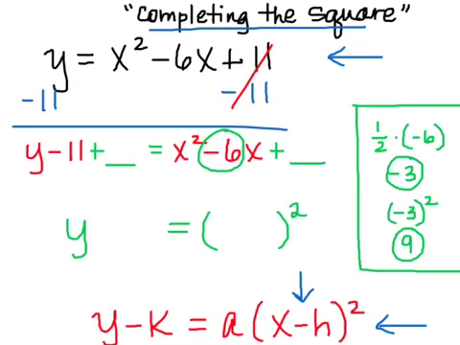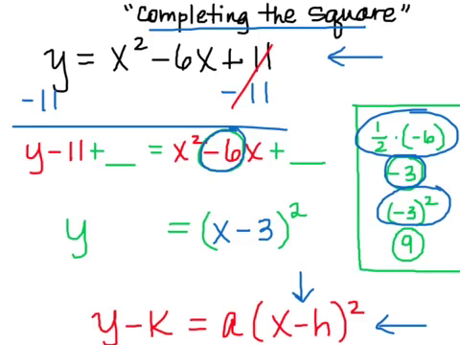So here are the 2 things you need to do to complete the square. You take the coefficient in front of the x and you half it, and you get -3. That -3 will actually go here with an x. And then after you do that, you square the -3 and get 9, and that will go in your blanks.